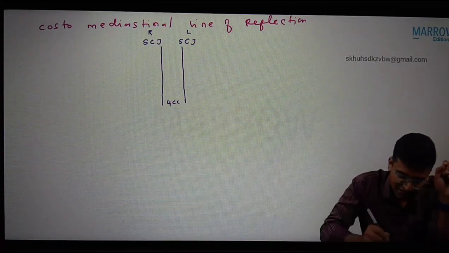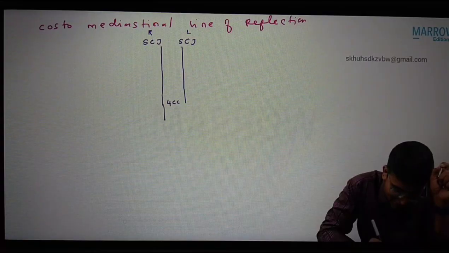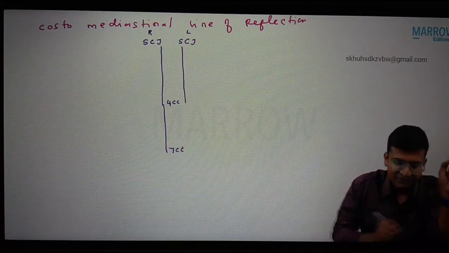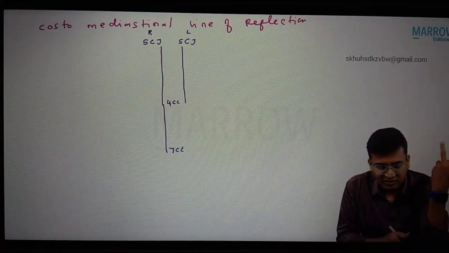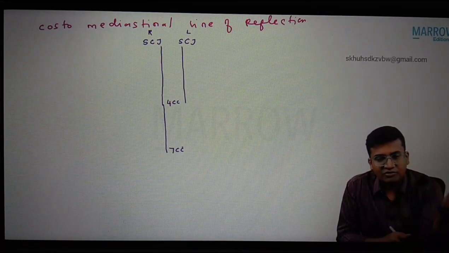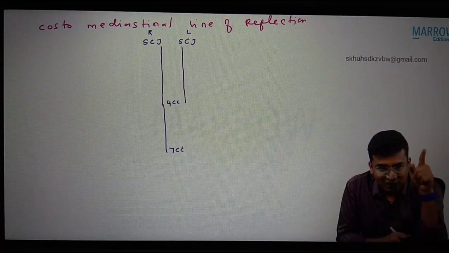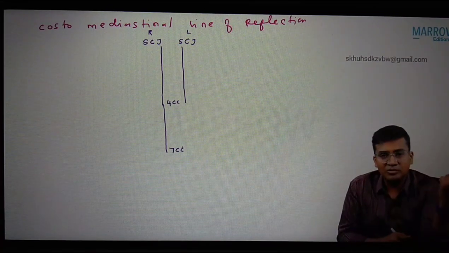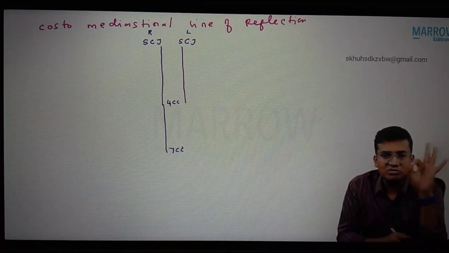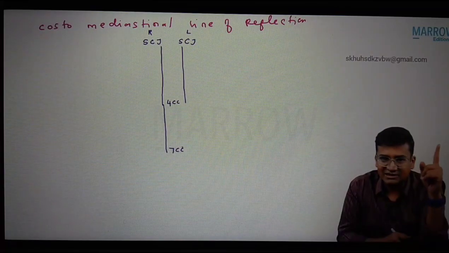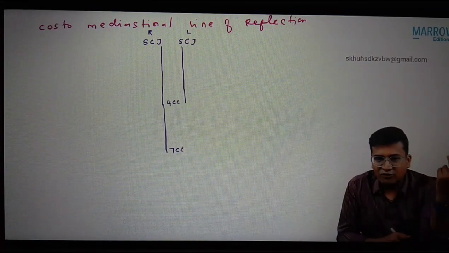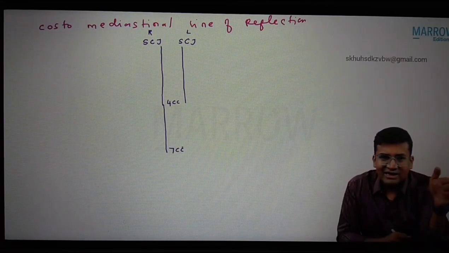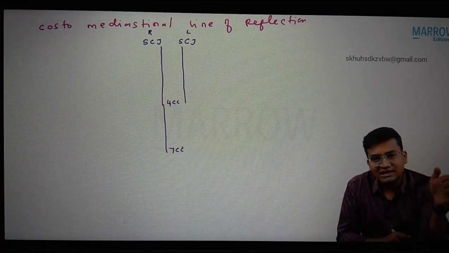Now from fourth costal cartilage on the right side, we're going to extend the line up to seventh costal cartilage. That is the costo-mediastinal line of reflection on the right side. From this line, the costal pleura turns medially and that is called mediastinal pleura. We have to draw one vertical line from right sternoclavicular junction up to seventh costal cartilage.